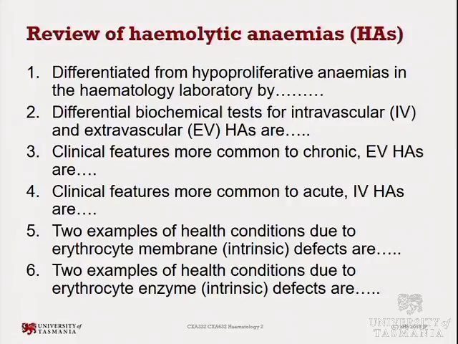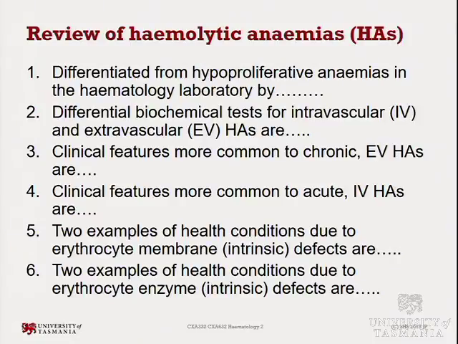Okay, so the cells are not lasting as long in the circulation, and so to compensate for that, the bone marrow activity increases, and we get an increased number of reticulocytes. Yeah? Anybody get that one? Yeah, there's a couple of nods, well done.